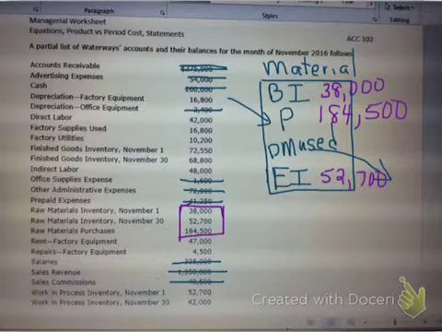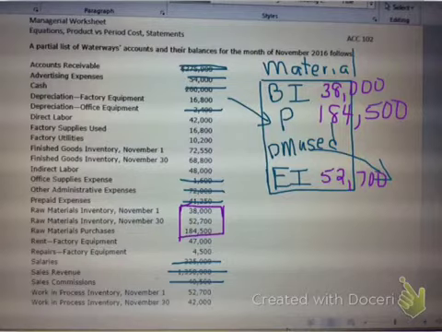These are some of the amounts that we can fill in based upon what we have on the sheet, and this is really going to help us in working any of the statements that we're going to have to work.